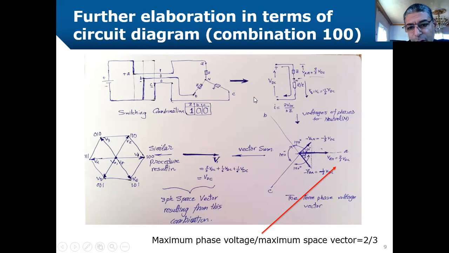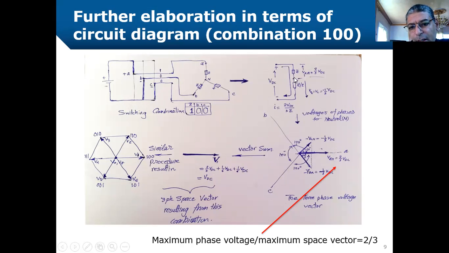This can be simplified according to circuit theory: the DC voltage is applied to an equivalent impedance of Z plus Z by 2, because these are 2 parallel branches whose equivalent is Z by 2. So the total impedance is 3Z by 2, and the current is 2 VDC by 3Z.